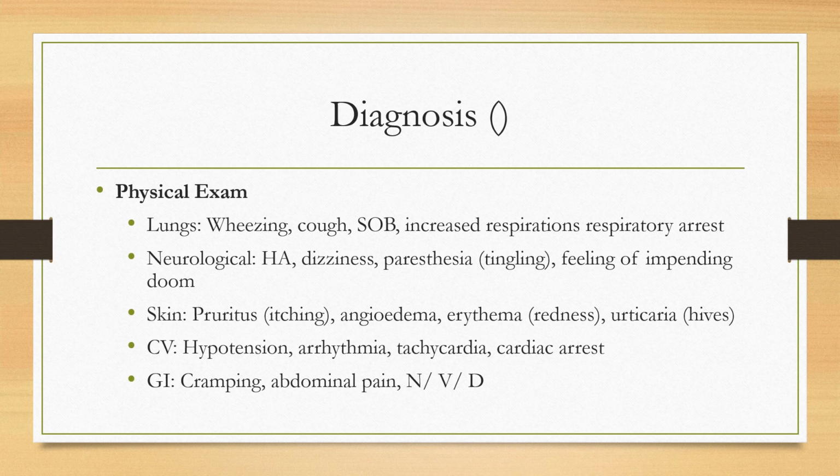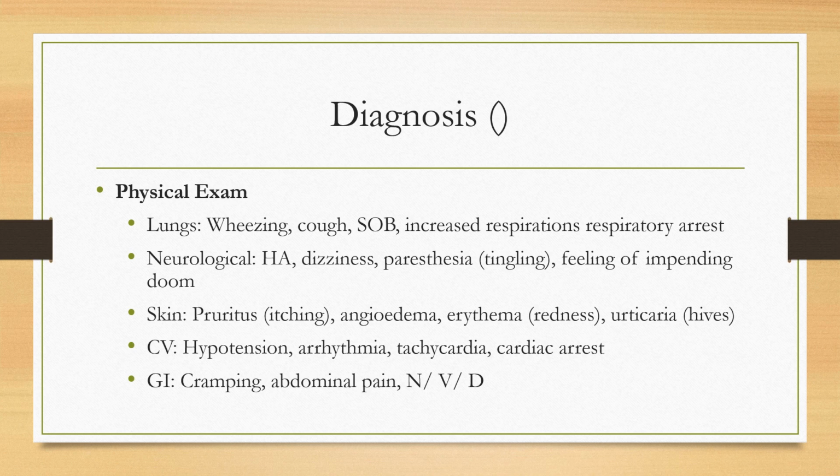They may have areas of redness, and they may have the urticaria, which are hives. Cardiovascular, they are hypotensive. There may be cardiac arrhythmias, tachycardia. Their heart rate may be increased, and all of this will lead them to cardiac arrest, which again, before this happens, they will verbalize that feeling of impending doom.